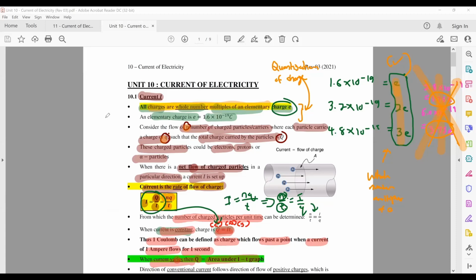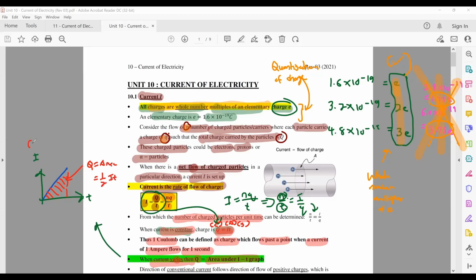If let's just say that you have a graph of I versus t that looks like this, all right, if you have a graph of I versus t like this, you see that the current is varying, it's not constant. In cases like this, your charge is the area, which is actually half It.